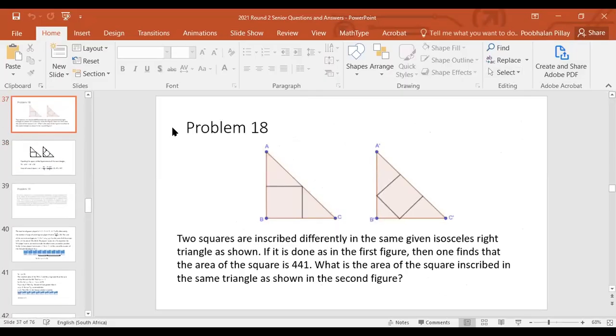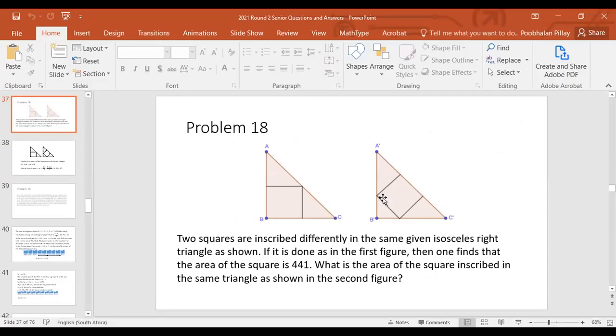Okay, problem 18, also a nice problem. You got 2 squares. Okay, you got a right angle triangle. 2 squares are inscribed differently in the same given isosceles right angle triangle as shown. So it's an isosceles right angle triangle, very important. So the angles are 45, 45, 90, right?